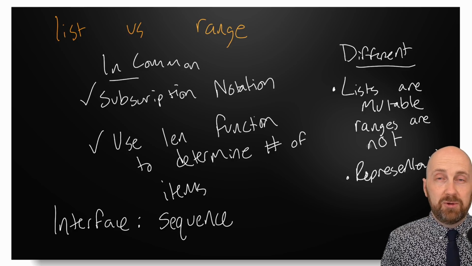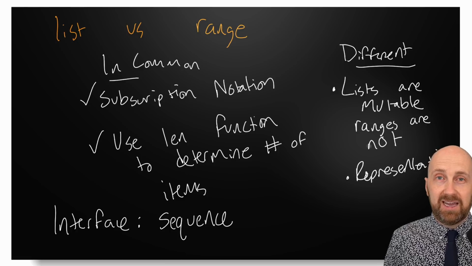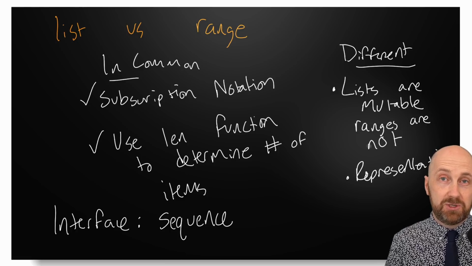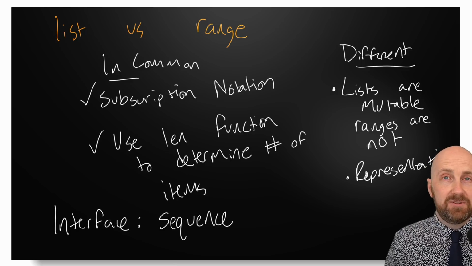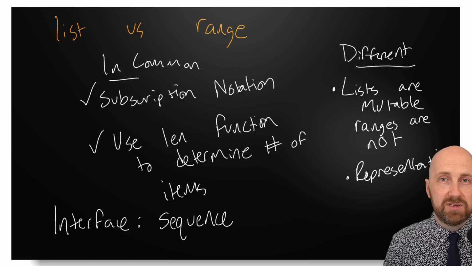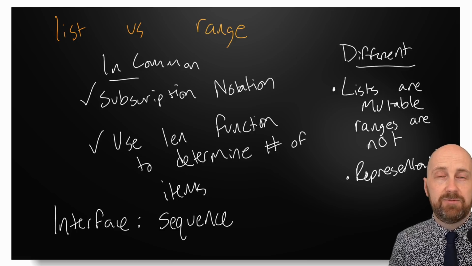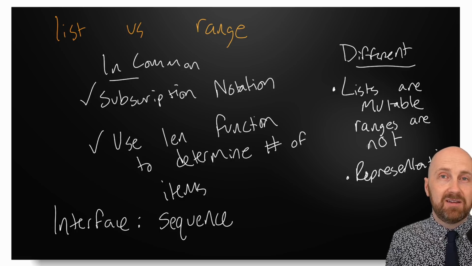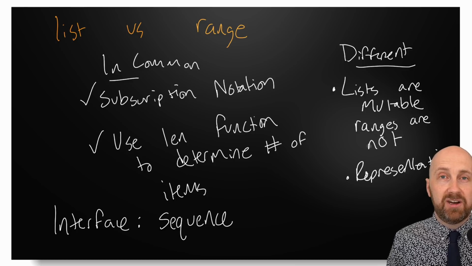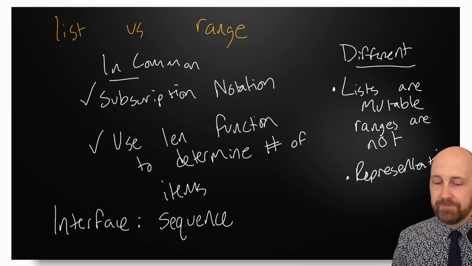Strings are immutable. The only way you can build up a new string is through concatenation or some of the other operators which use concatenation under the hood. And the representation of strings is different too. We're not going to dig into what that looks like. You'll see that in future classes, but strings have some very specific representations in memory that make them very efficient for our programs to work with.